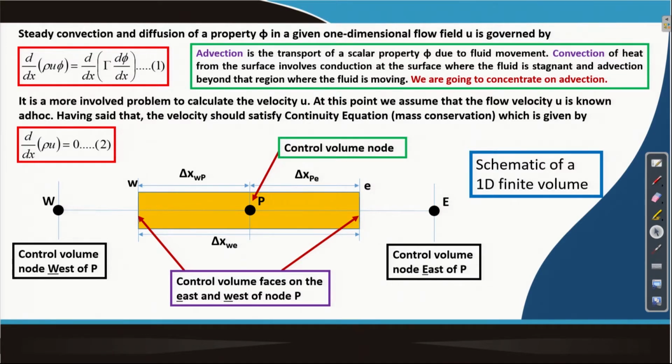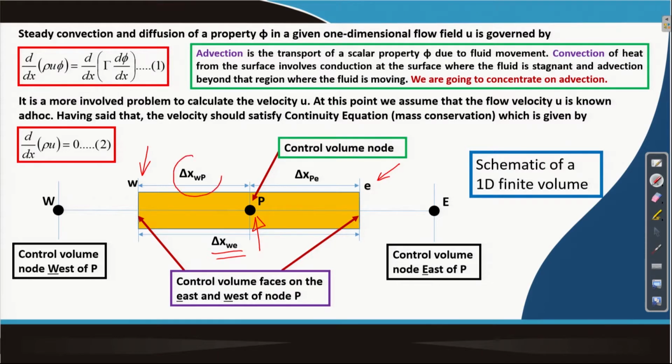So, if we now look at a control volume surrounding the node P, then we can see its features over here. So, it has an east face, it has a west face, and the node P is usually defined at the center of the control volume, and it has a certain width delta x small w e.